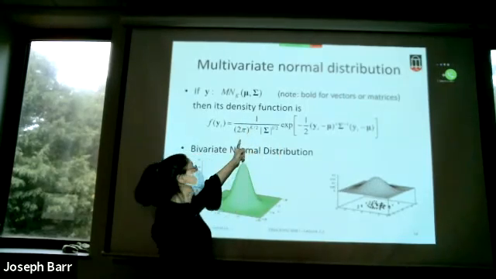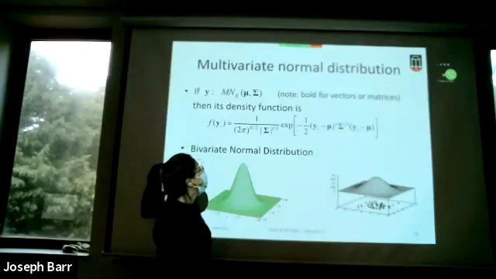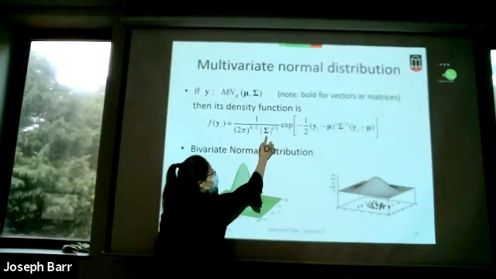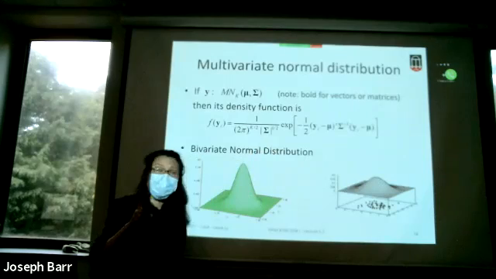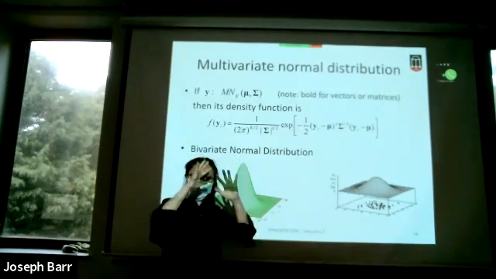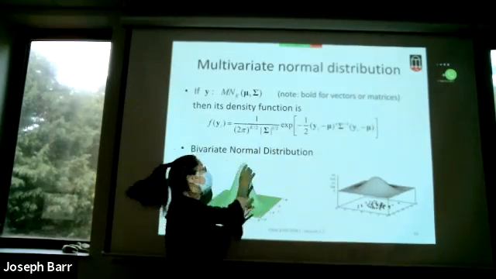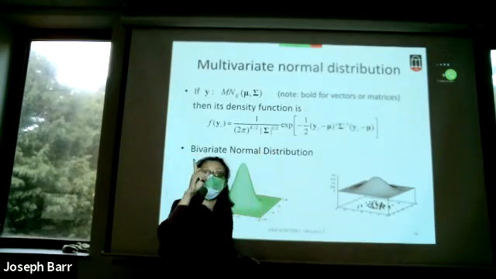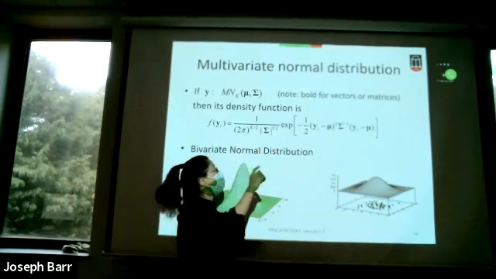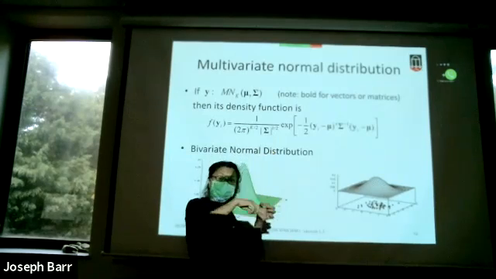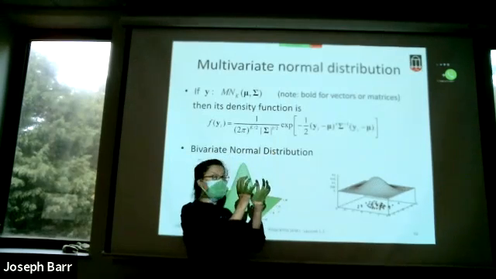K is the dimension of this normal. And here, sigma, determinant. Sigma is a matrix. We have a lot of numbers, but if you calculate the determinant, it becomes one number, a scalar. And then take the square root of that determinant.